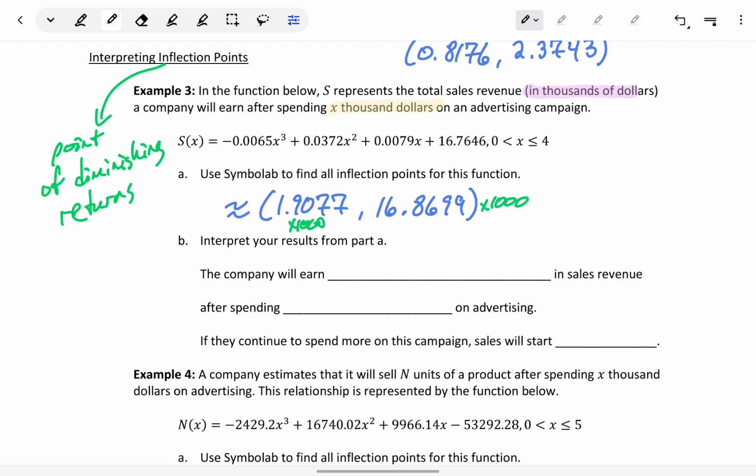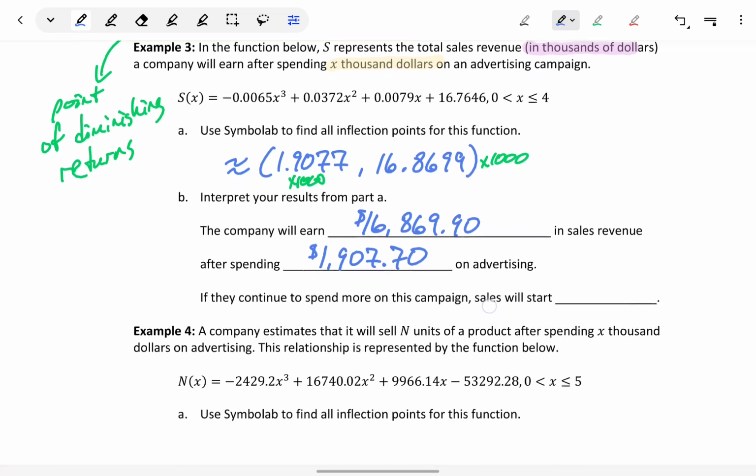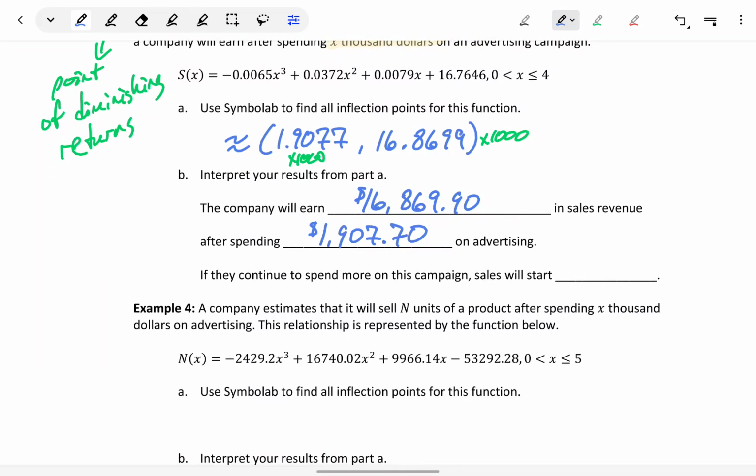So once we make those unit conversions, we'll see that our company will earn $16,869.90 in sales revenue after spending $1,907.70 on advertising. So that's the implication of those X and Y coordinates. And then since this is the point of diminishing returns, that means if they continue to spend more money on this campaign, sales will start growing at a slower rate.